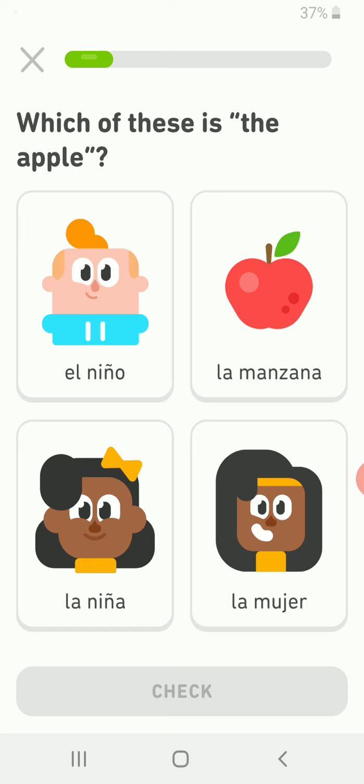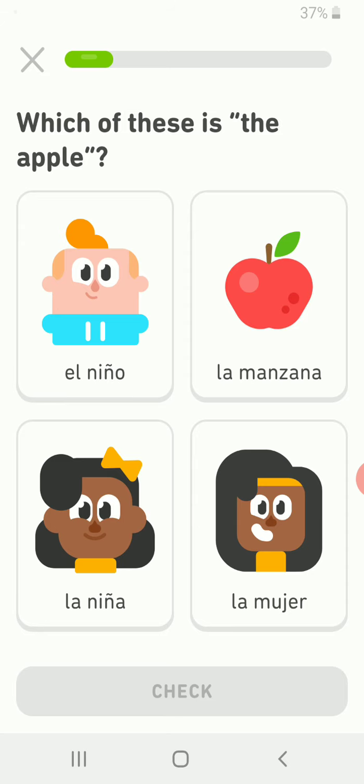El niño means kid, not only boy. So you see, sometimes you have one word which can have different meanings. El niño means child or the boy. El niño, la niña, la manzana, la mujer. Manzana, apple; la mujer, woman.